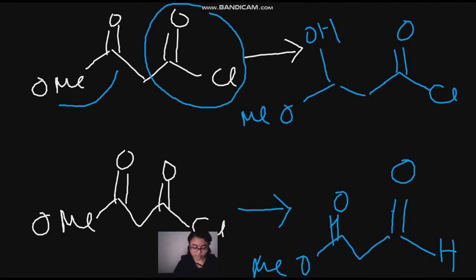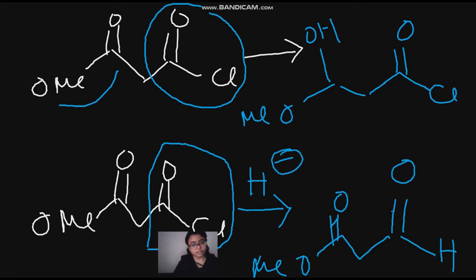In the second case, we are reducing the more reactive carbonyl center, so without protecting, we will just add the reducing agent, and this one will get reduced. So this is the procedure of how we can use a protecting agent and how we can apply this to the reactivity of the carbonyl group.